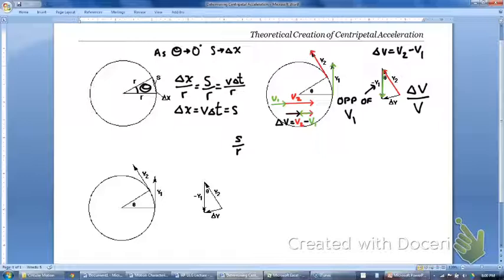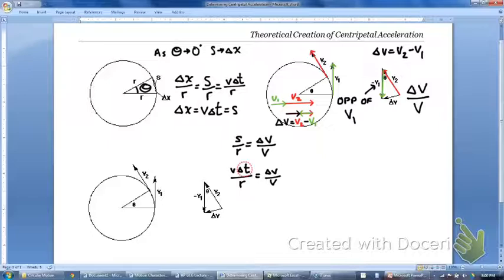Because these are similar triangles, we can now set them equal to each other. So s over r is going to be equal to delta v over v. By substituting, we can see that s equals v delta t over r, which also equals delta v over v.